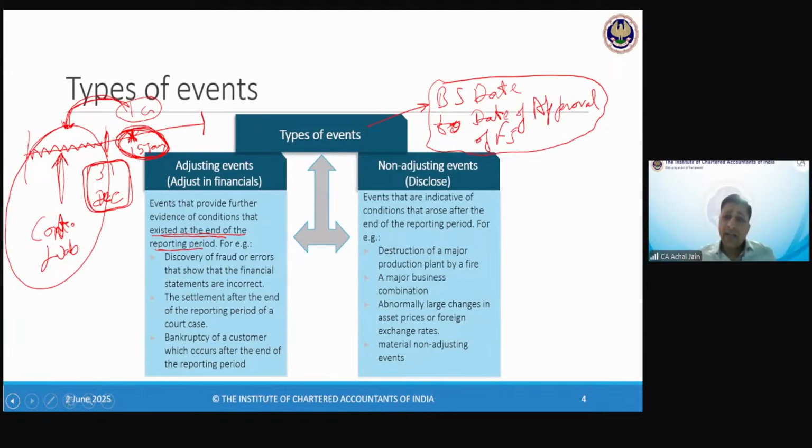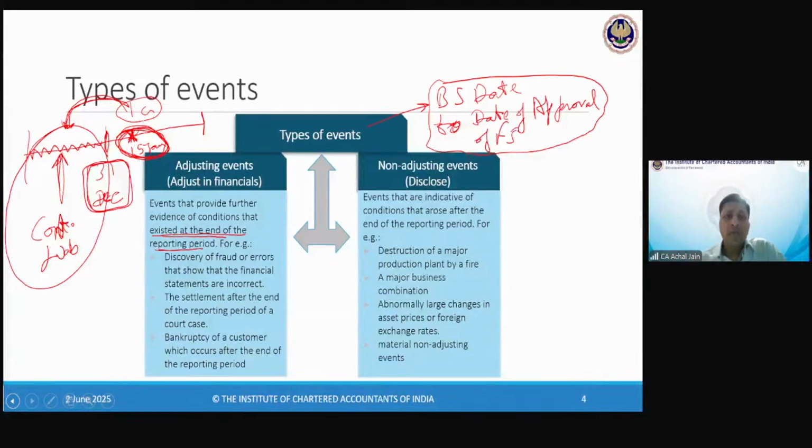Anyone else? Any more questions on this? Deepika is asking, adjusting and non-adjusting events, both of them will occur after the balance sheet date. See, any event which will occur after the balance sheet date is a subject matter today, as far as this AS4 is concerned. Why? Because if you have an event before the balance sheet date, then of course you would record that.